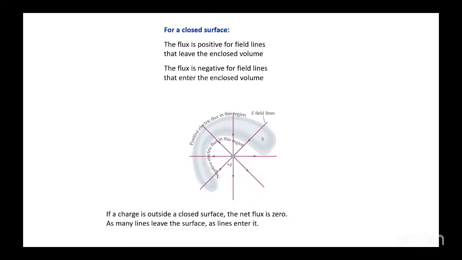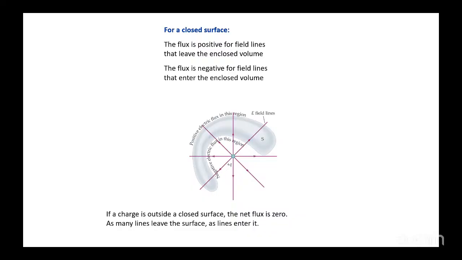For a closed surface, the flux is positive if it is leaving the closed surface. If it is entering into the closed one, that should be considered negative. Always remember this.